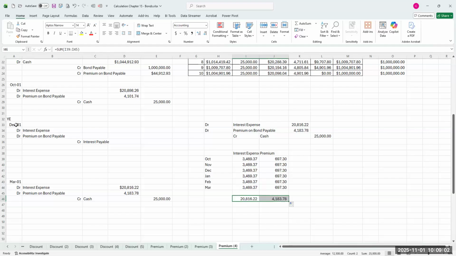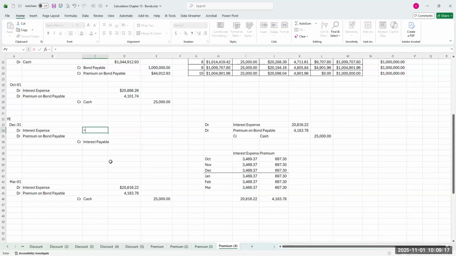But since I have that year end, then I'm gonna break it up to this point. This will be for my first entry, this is for my second entry. So I'm gonna get the total here. And interest expense is gonna be equal to the sum of all those three numbers. And bond premium is gonna be equal to the sum of all those three numbers.